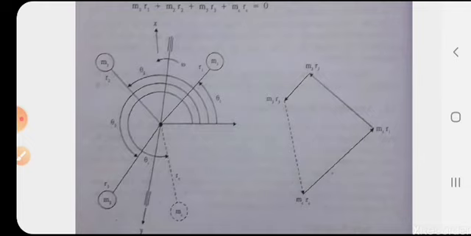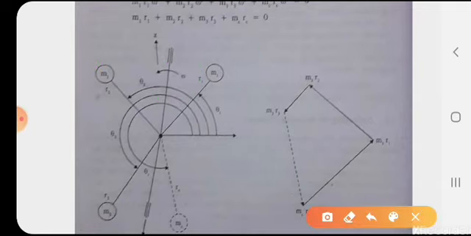This figure shows a rigid rotor revolving with a constant angular velocity omega, in radian per second, with a number of masses, m1, m2, m3, the three masses revolving at radii r1, r2, r3 in the same plane.